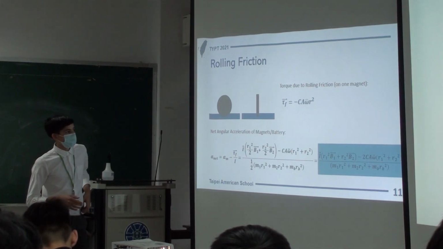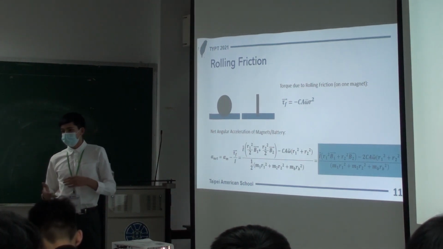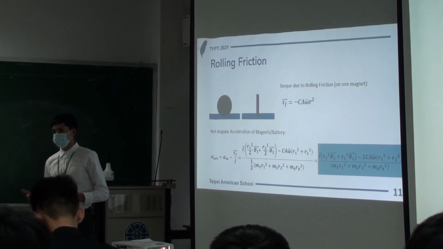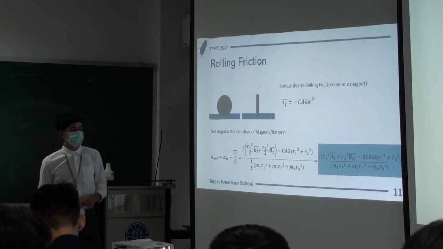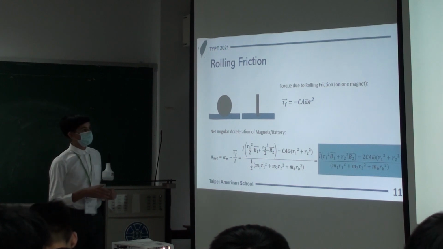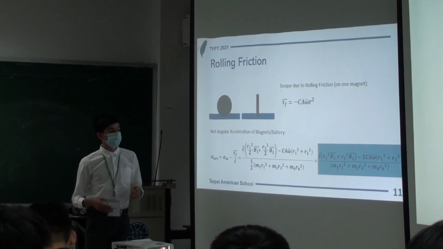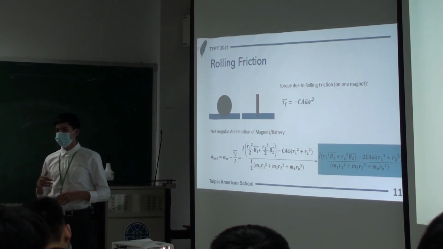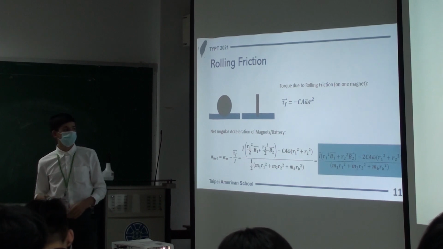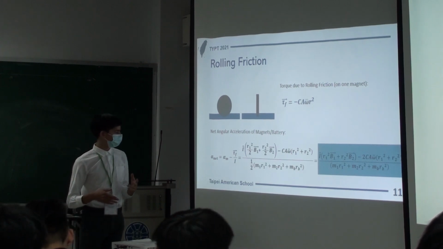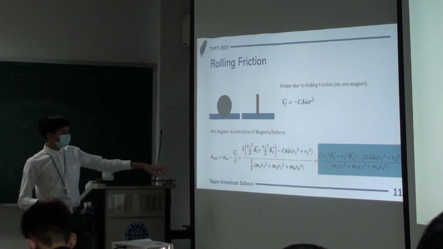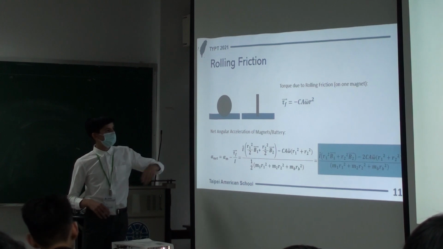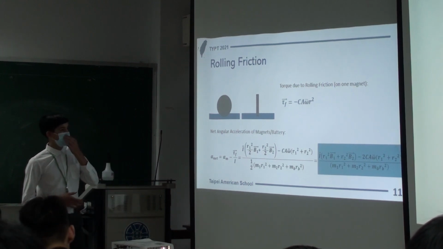The force of the friction would be negative CAV, where C is a constant, A is the area, and we split the velocity into the angular velocity omega and r. To turn the force into torque, we also multiply by r again. That's why it's r squared. To get the net angular acceleration, we subtracted the torque from rolling friction in the numerator.